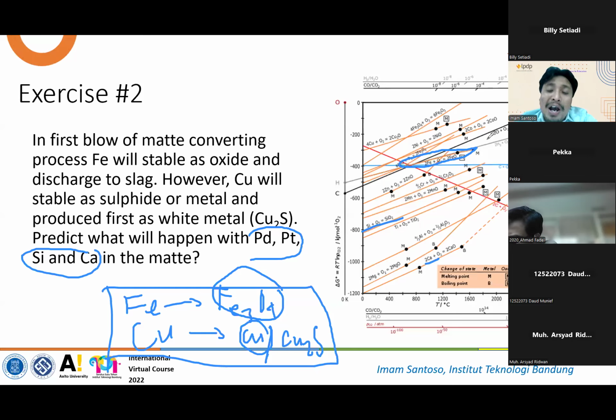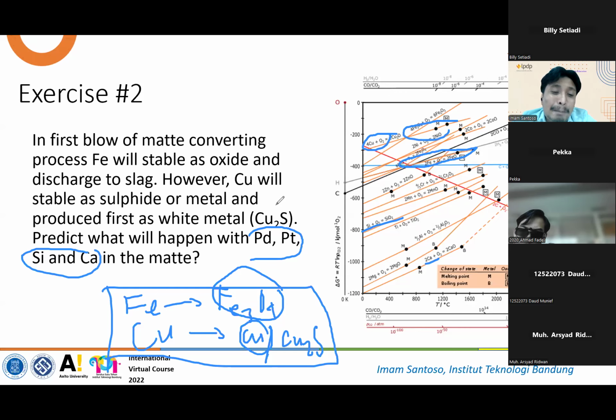Okay. Iron becomes iron oxide. So any metal that loves oxygen more will automatically run to oxygen. However, look, copper doesn't change to copper oxide.